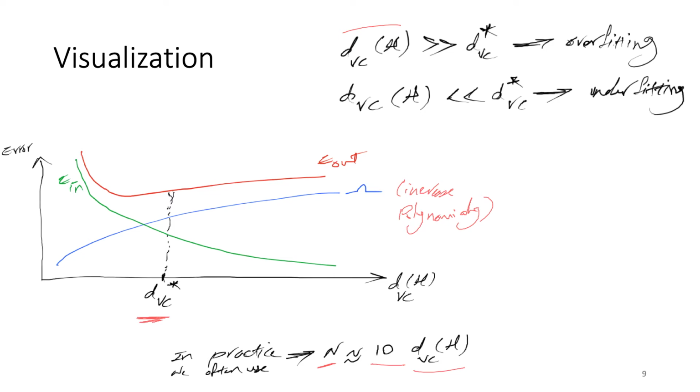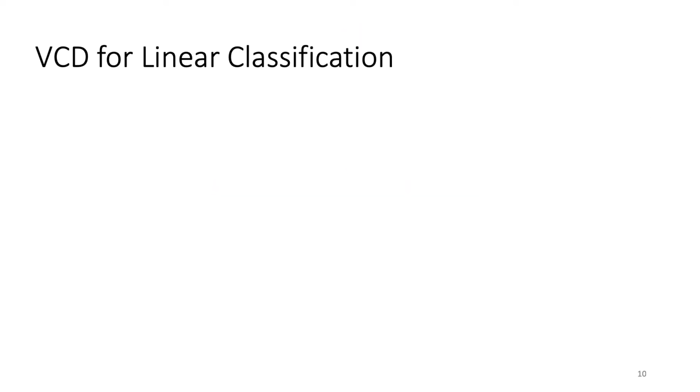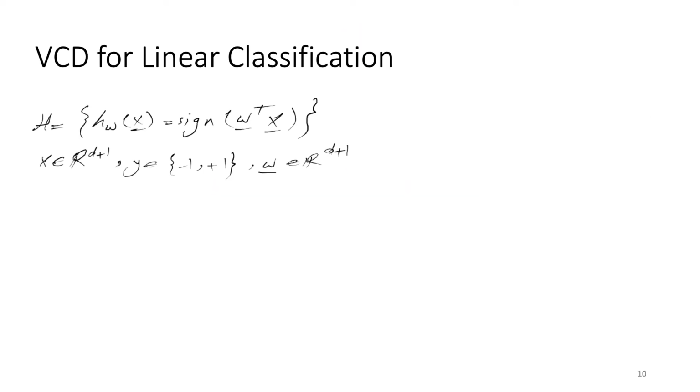All right, now let's see an example for linear classification: how we're going to use VC dimension for linear classification. Remember when we have the hypothesis h of w as the sign of w transpose x, which was our perceptron, it accepts the x's from R to the d plus 1 dimension and maps them to either plus 1 or minus 1, right?